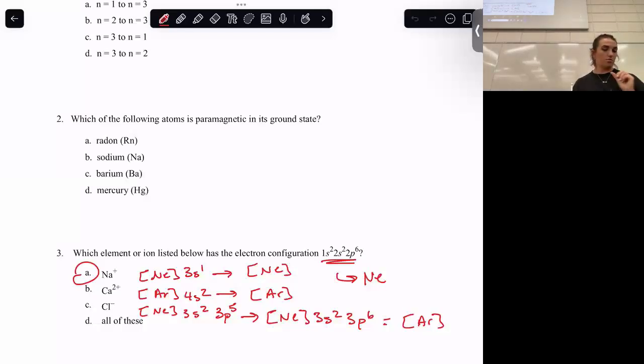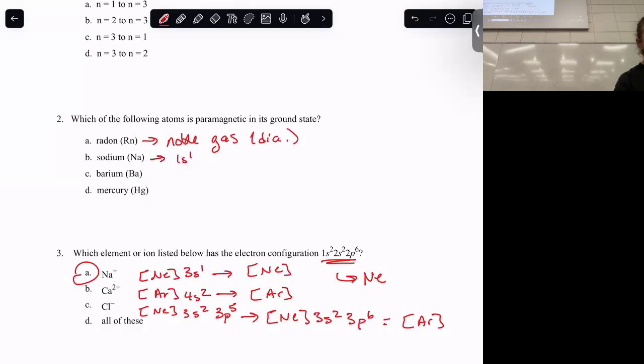So here we have, which of the following atoms is paramagnetic in the ground state. So radon is a noble gas. So what is that one going to be? This is diamagnetic. Sodium we said is 3s1. What is that one? Probably paramagnetic.